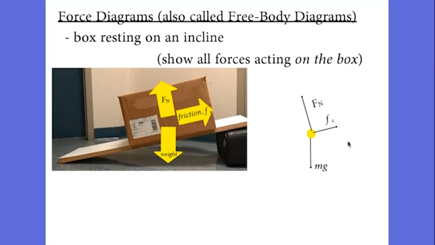So we know it's possible the box could slide down the ramp. So the static frictional force is the force that opposes that motion. And in this case, the frictional force is large enough to prevent it from sliding down the ramp. And these three forces add to 0. We're going to look at adding forces in more detail a little later.